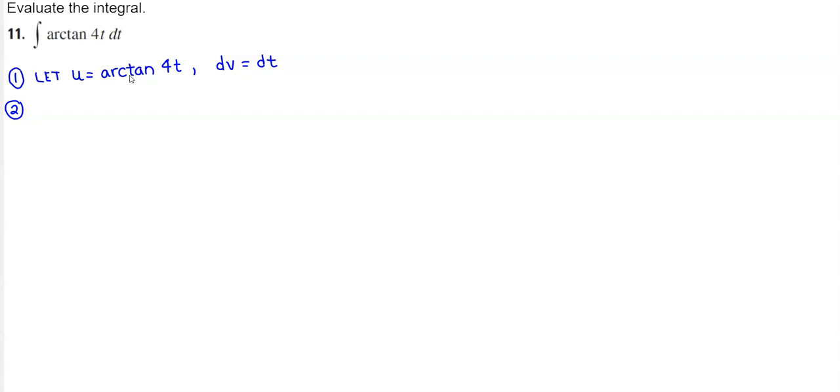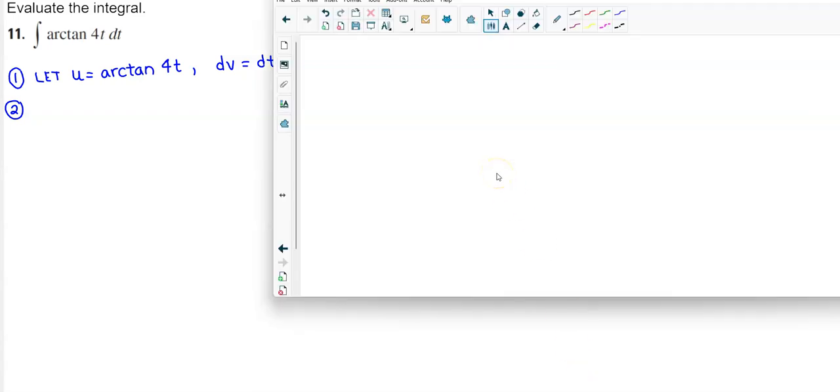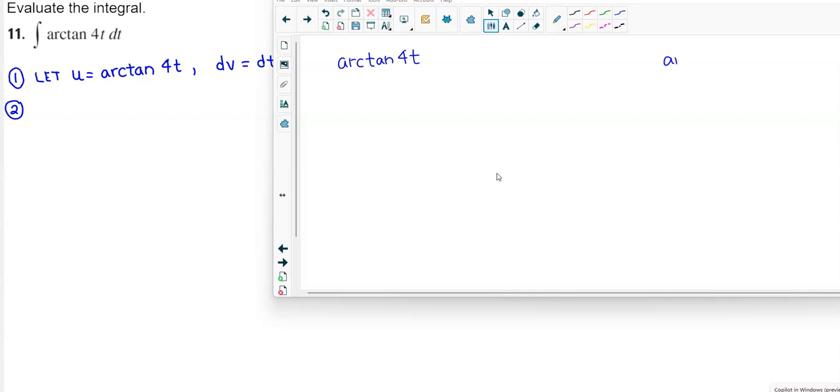So we need to find out what is the derivative of the arctangent of 4t. The derivative of the arctangent of just t would be 1 over 1 plus t squared.